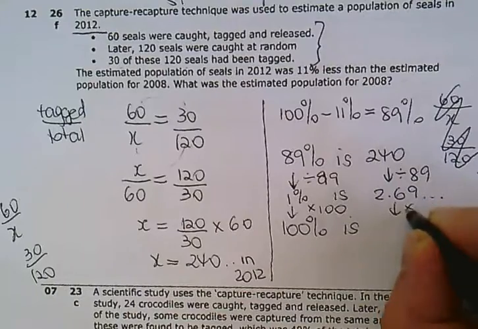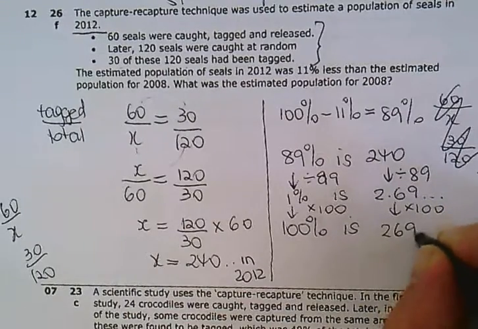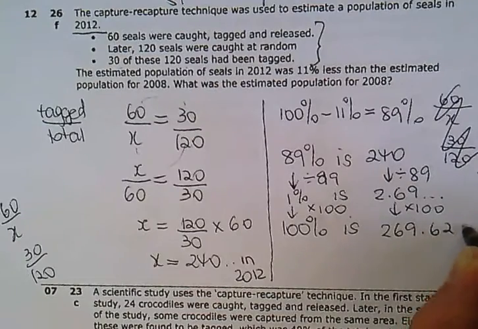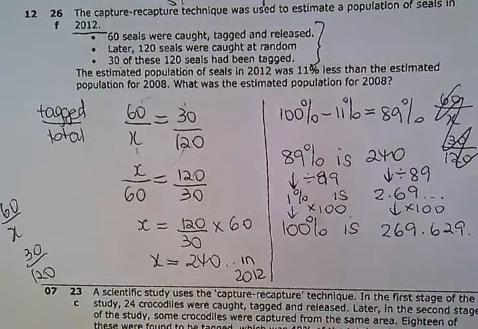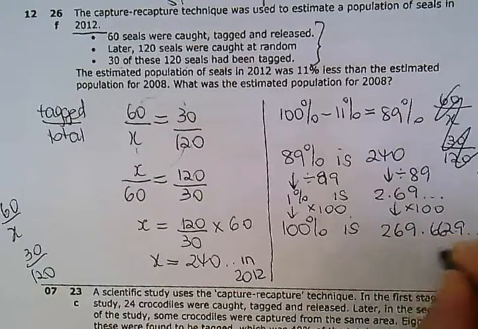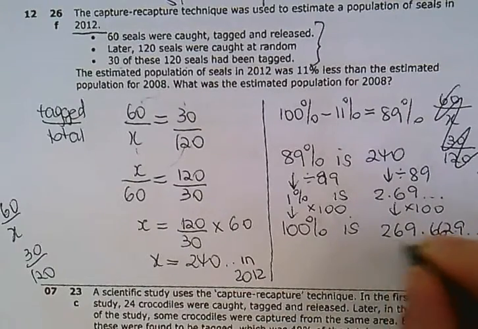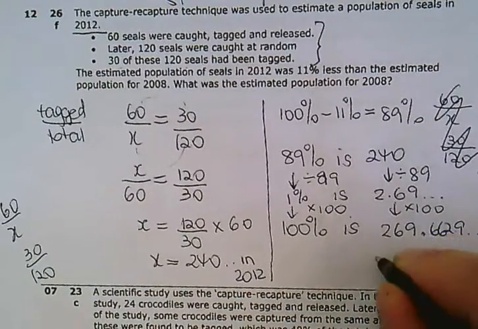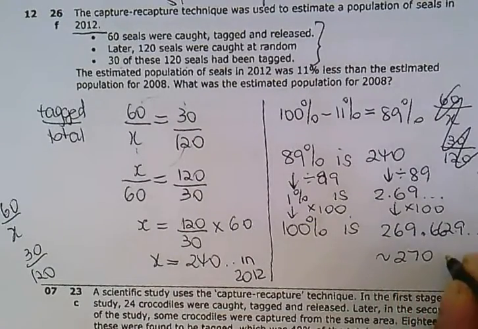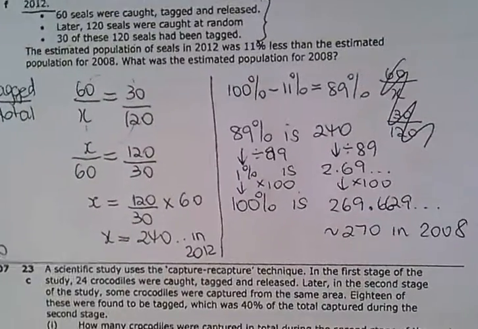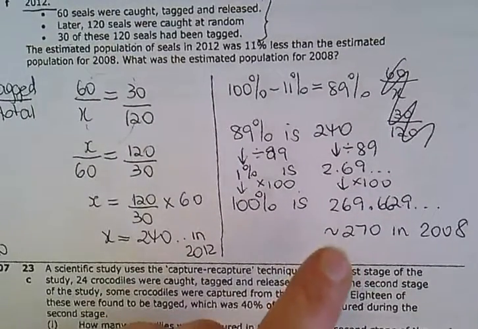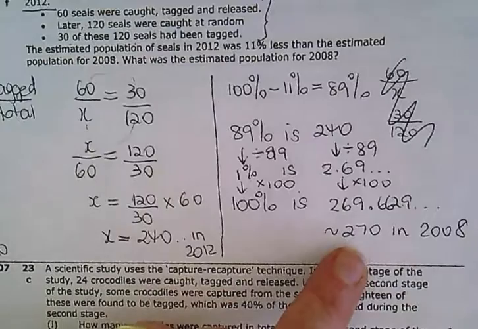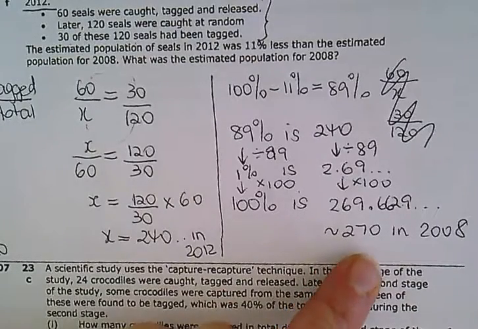And times that by 100, and you get 269.629, etc. Well, what does that approximately equal? 270? So it's approximately 270 in 2008. That's your estimated population.